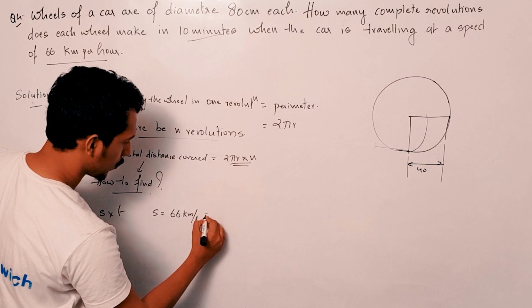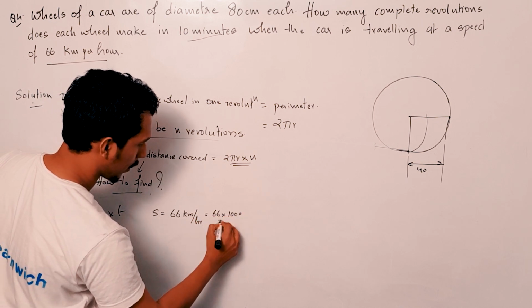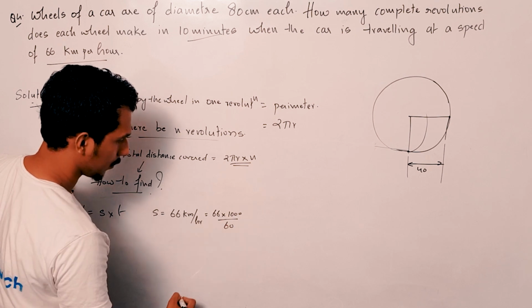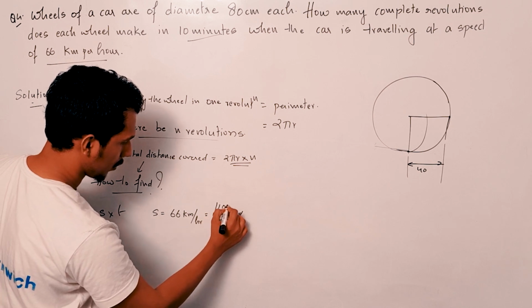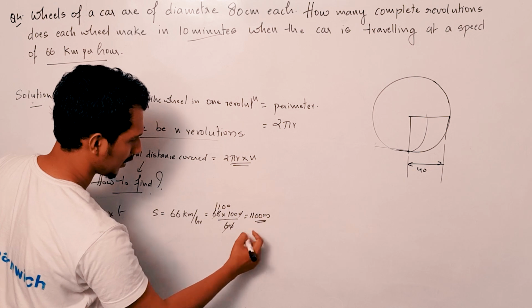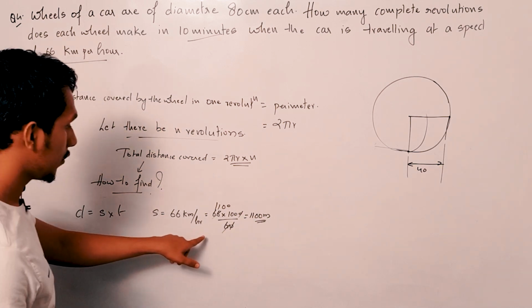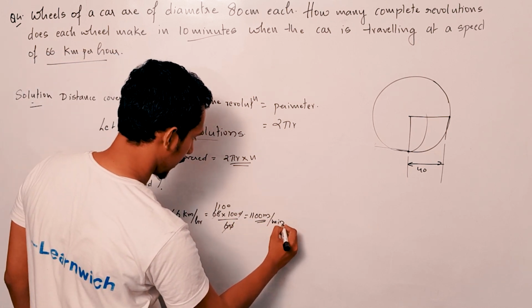Let's convert this into meter per minute. So 66 into 1000 by 60 minutes. Okay, 0 cancels, this cancels, so 1100. So that is 1100 meters, almost 1.1 kilometer, in 1 minute. Okay, this much meter per minute.